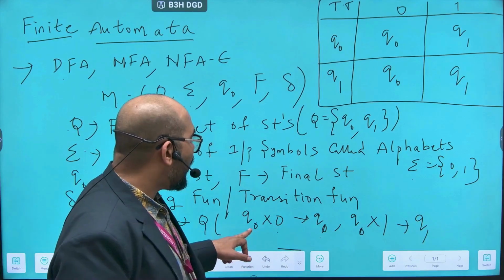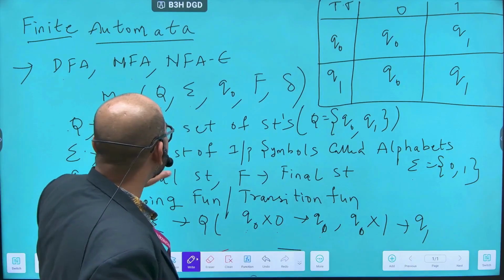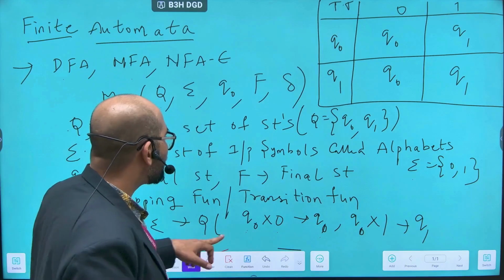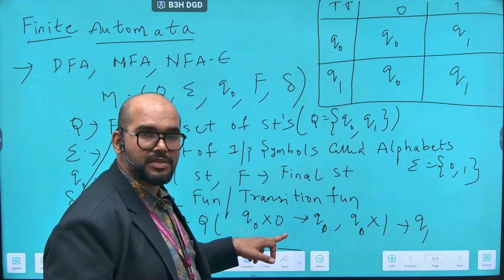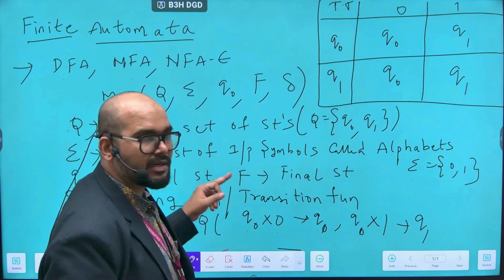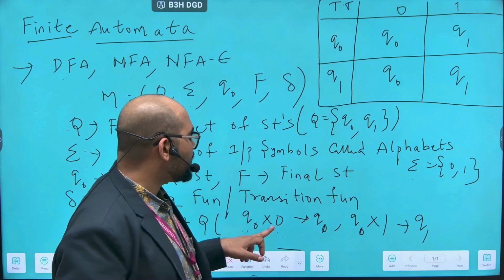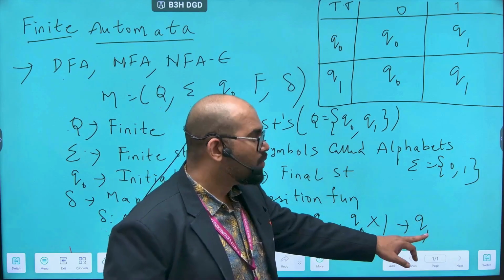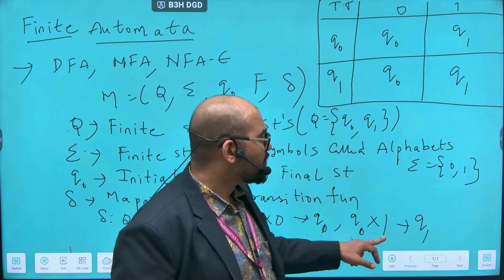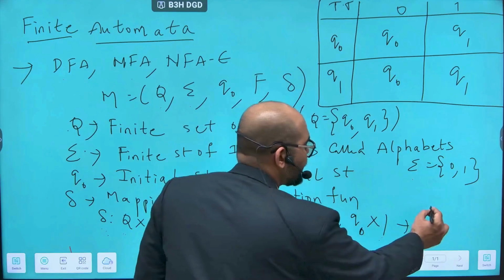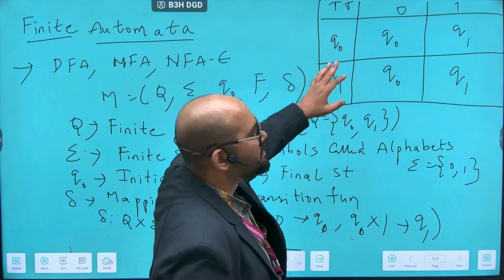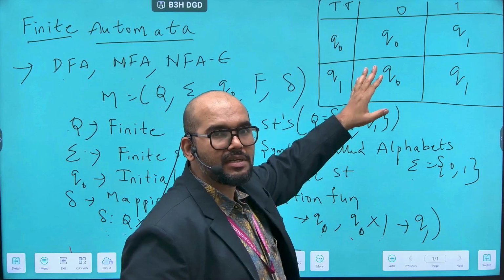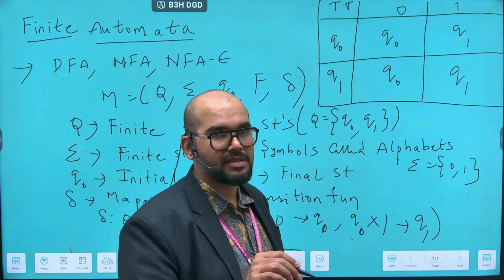Here all states come under the finite set of states, that is capital Q. So q0 with input symbol 0, where 0 is from sigma, the finite set of input symbols, moves to q0, and q0 with input symbol 1 moves to q1 state. Okay. So this is the transition function for the previous example.